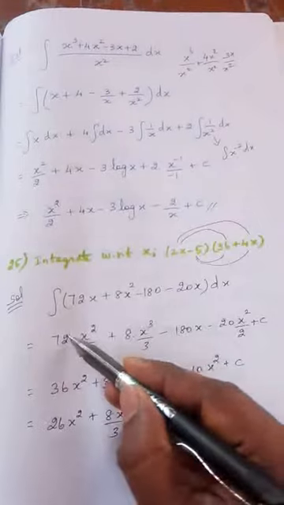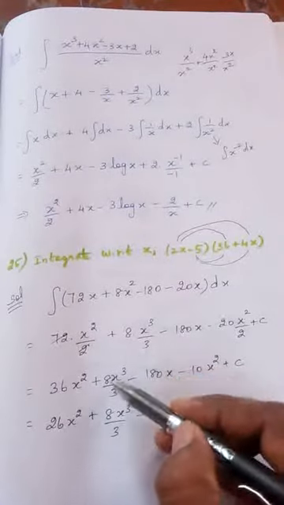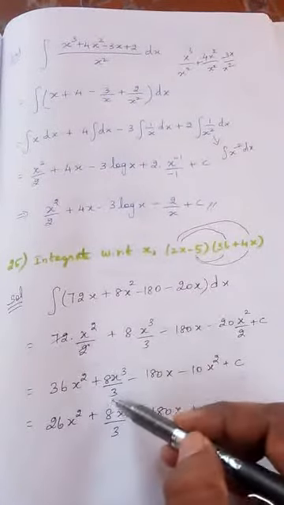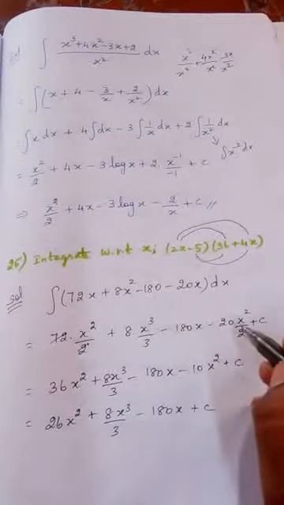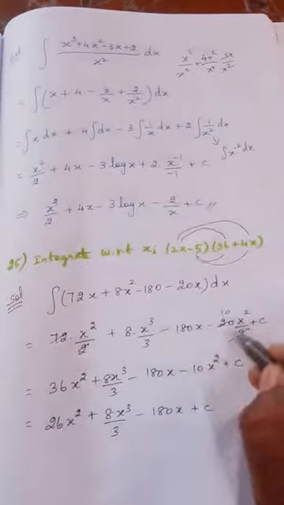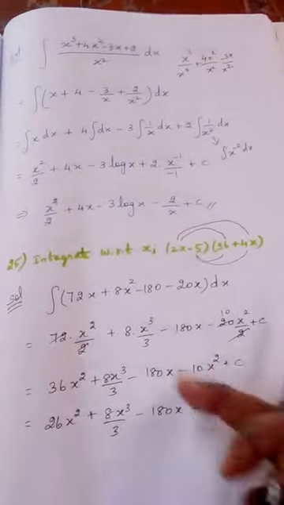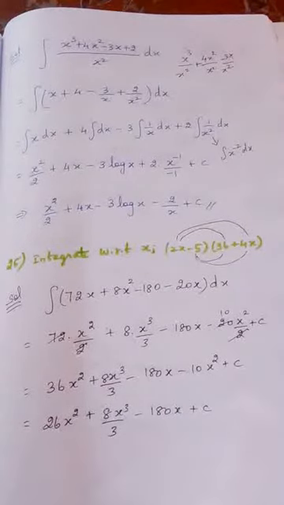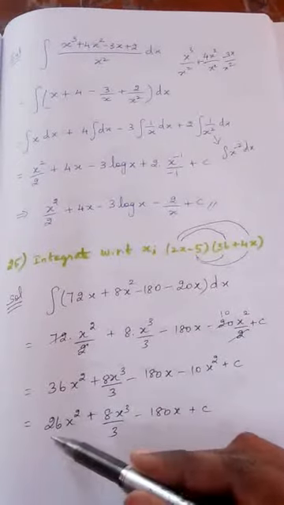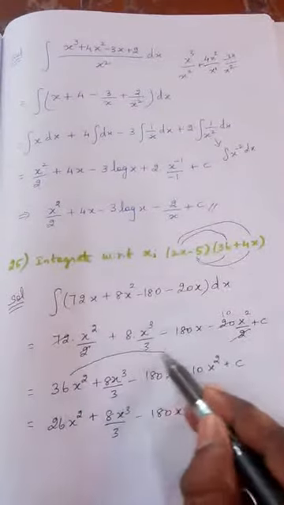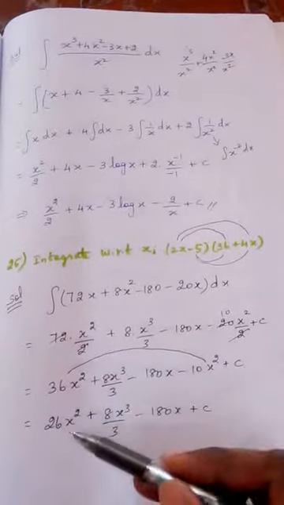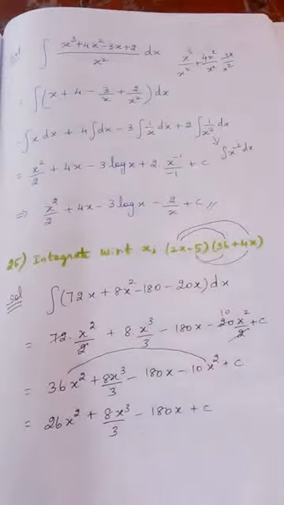Remaining things simplifications. 36, 8 by, this cannot be cancelled, so it remains, this can be cancelled, so 2 with 20 becomes 10, and x square plus c is the final answer. Could you able to understand this, how it is, how this 36 becomes 26? Because 36x square is combined with 10x square, so subtracting that and writing the final answer.